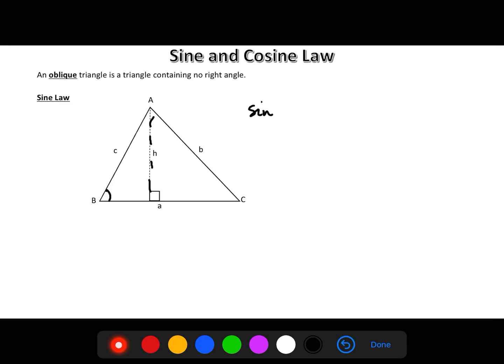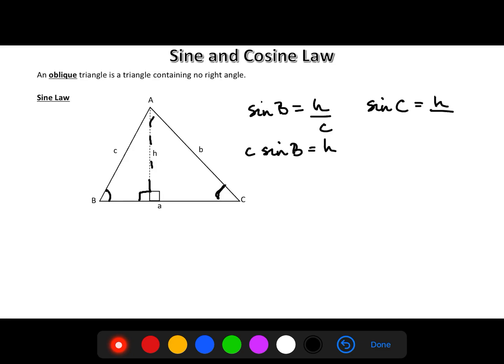Using that, in our right angle triangle on the left-hand side, the sine of angle B is equal to H over C. If we want to solve for H, we take C to the other side: C times sine of B is equal to our height.